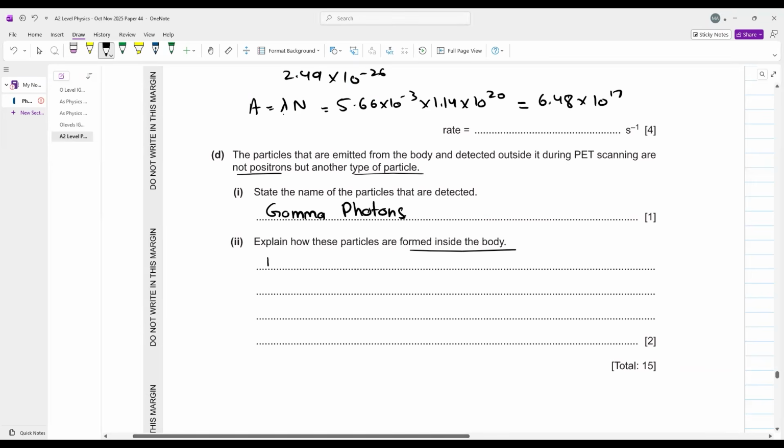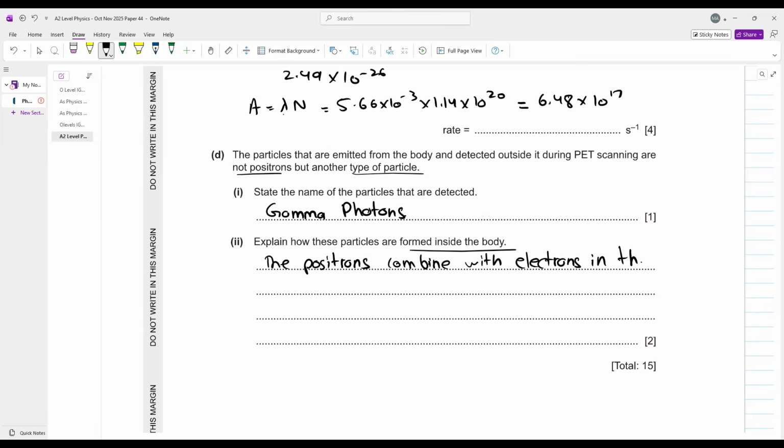You will say the positrons combine with electrons in the body.